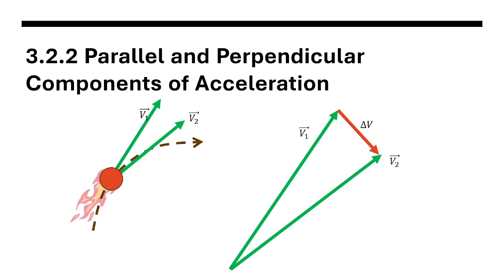At first glance, you can assume that the direction of our acceleration is perpendicular to V2. Let's see if you're correct. The direction of the acceleration is the same as the direction of our change in velocity. But why is that? Class, if you can recall, the change in velocity is equal to V2 minus V1, that is, final velocity minus initial velocity.